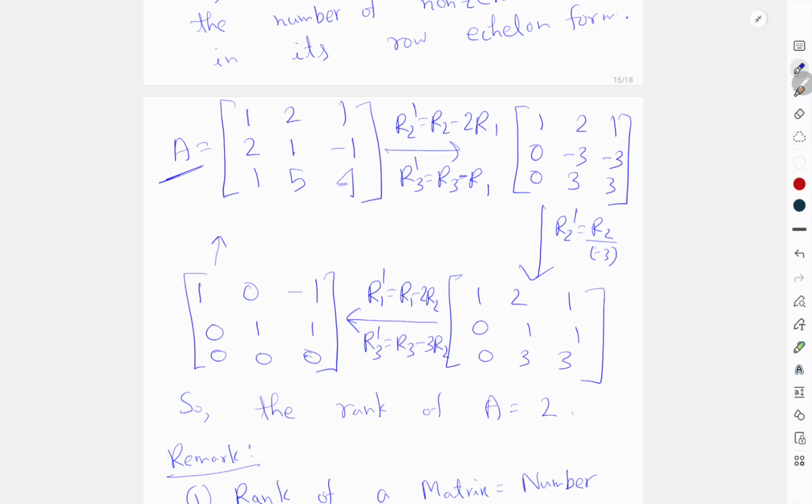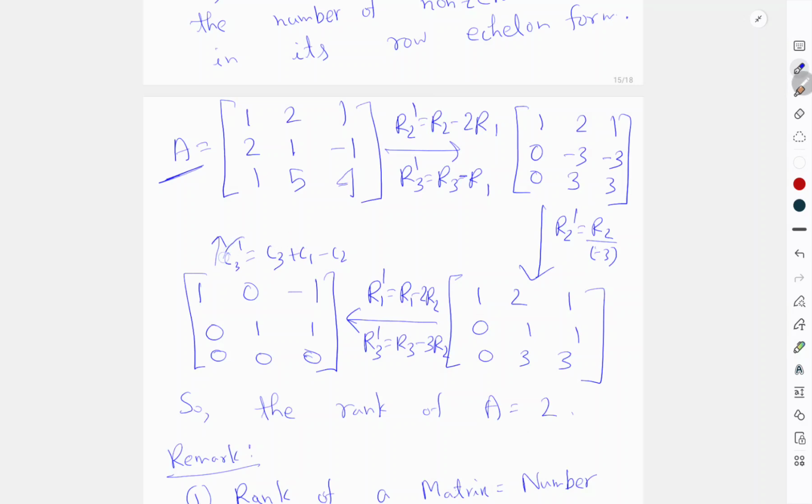So what operation should we apply? Apply C3 dash equal to C3 plus C1 minus C2. Here I am applying two operations together; you can do them one by one also.